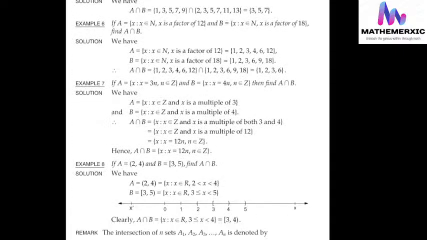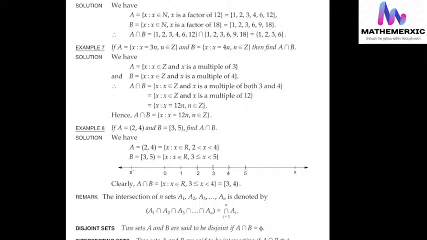So let us go for example number 7. A is a set of x such that x is equal to 3n and n belongs to Z, and B is equal to x such that x is equal to 4n and n belongs to Z. Then we need to find A intersection B. Here n belongs to Z, that is integers.